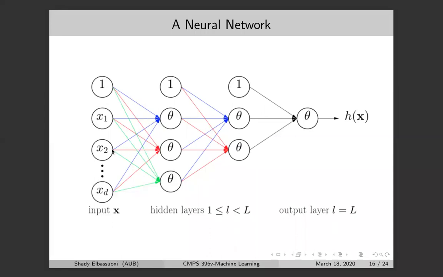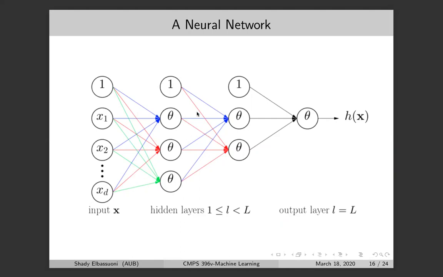This one, for instance, the red one here, is W1, 2: coming from the first input to neuron 2 of layer 1. This green one is WD, 3: neuron 3 of layer 1. So every edge here is associated with a weight Wij of L.